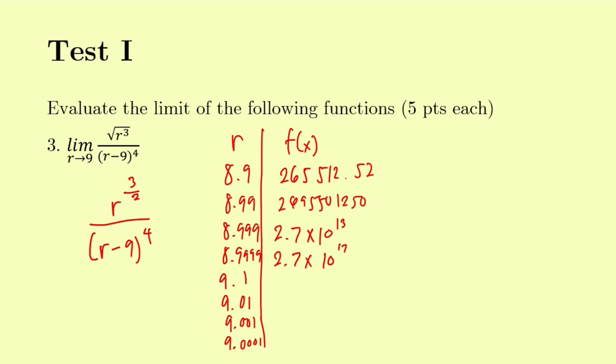If that is the same case on the right side limit, that means the answer here is infinity. If it is not the case, if it goes on the other side, that means we don't have a limit at all.